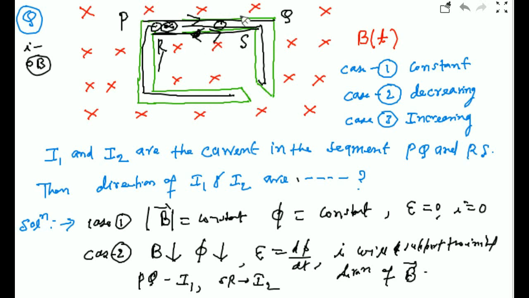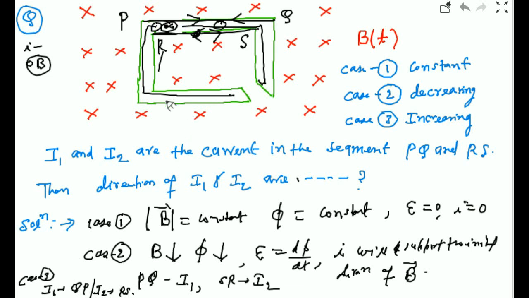And for P, if you take Q to P, just put the thumb in the direction of Q to P, and the forefinger will give you the upward direction, out of the plane. So for case 3, you can write I1 will be Q to P, and I2 will be R to S.